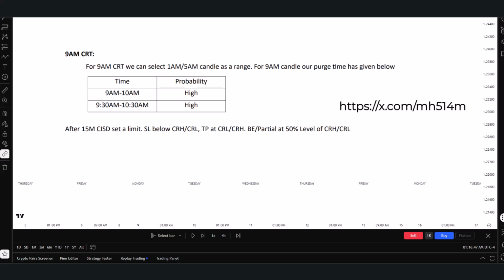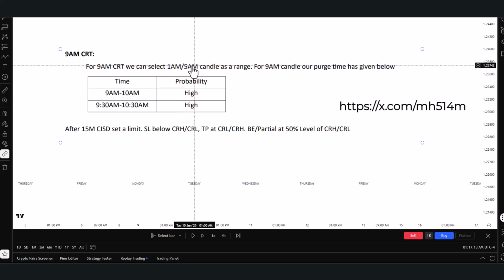And one most important thing is there are various types of CRT. Suppose two candle CRT, 3 candle CRT, or multiple candle CRT. But I only trade, and I also prefer, and I got good results only on 2 candle CRT. Suppose we have selected the 5 am candle as a CRT.